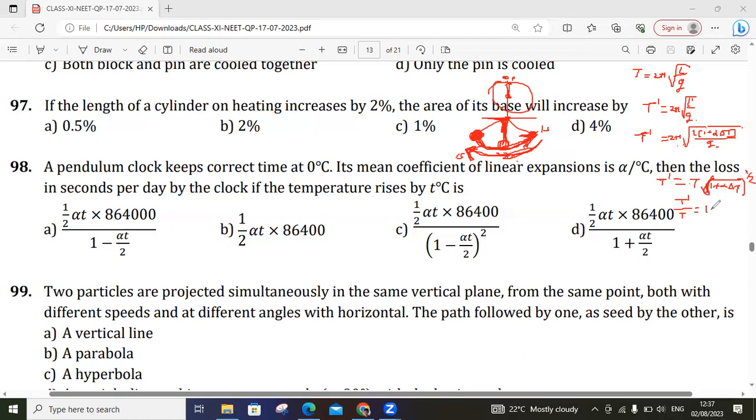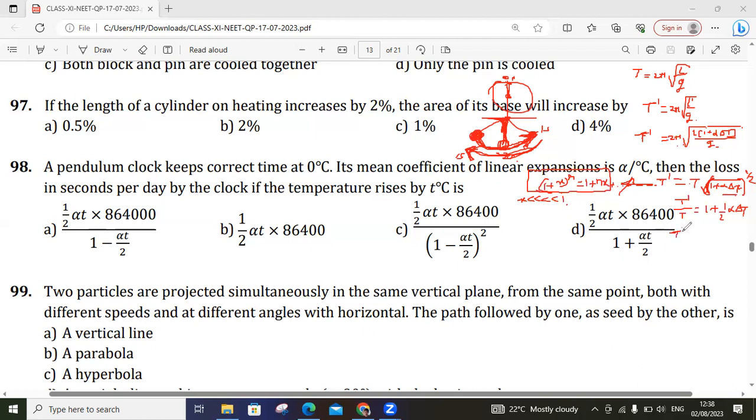In binomial expansion, 1 plus x whole power n is equal to 1 plus nx plus some square terms, cube terms will come. But when x is very, very much less than 1, you can neglect all these. And alpha delta t will be very, very less than 1 in general, correct? Alpha will be 10 power minus 5, something like that. So we can use 1 plus nx. This is the binomial expansion.